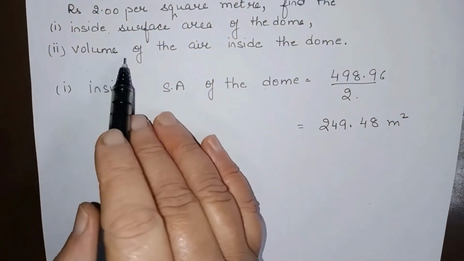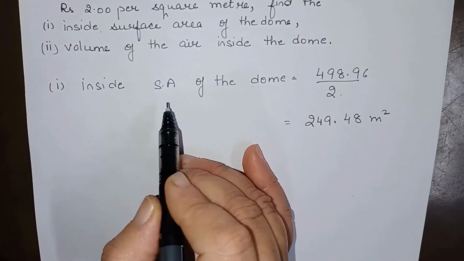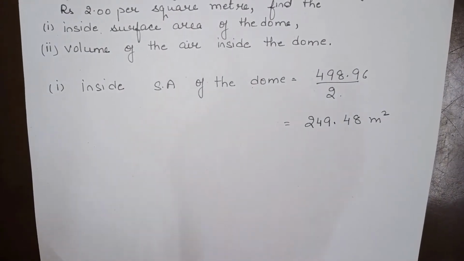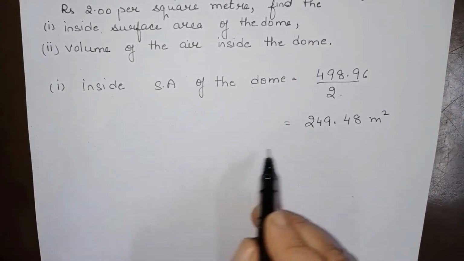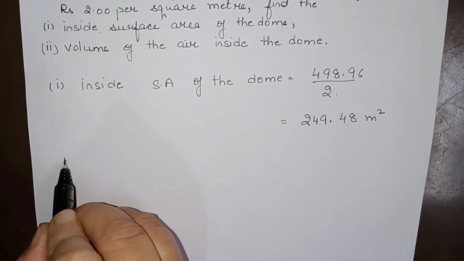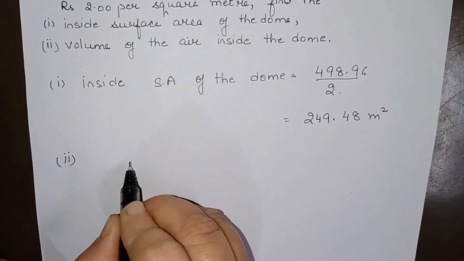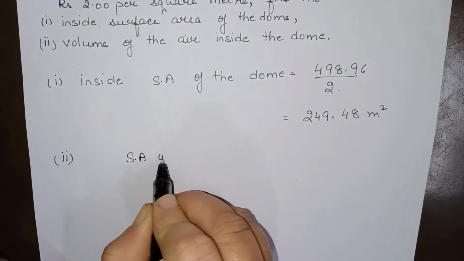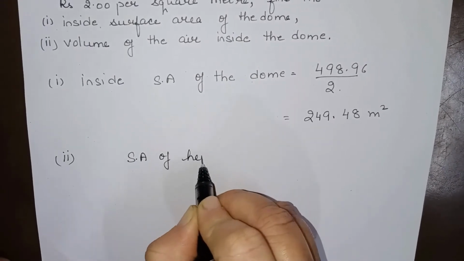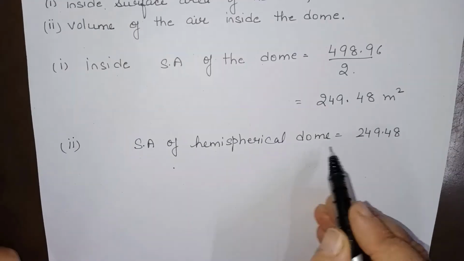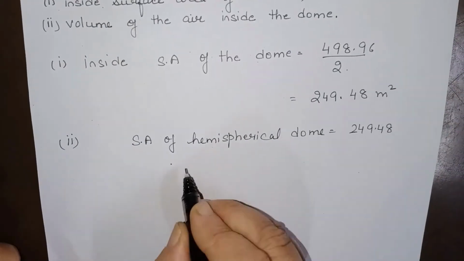Now secondly, we have to find the volume of air inside the dome. That is, we have to find the volume of the hemispherical dome. Now for that we need r. So to solve the second part, we will use the fact that the inside surface area of the hemispherical dome is 249.48.